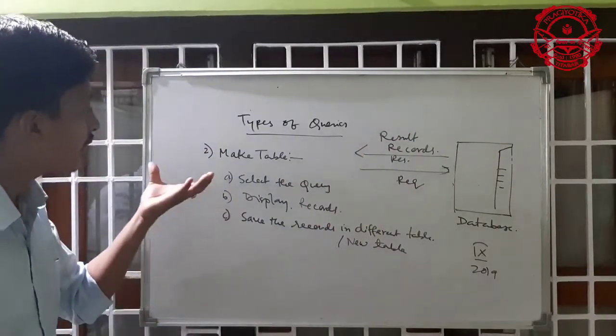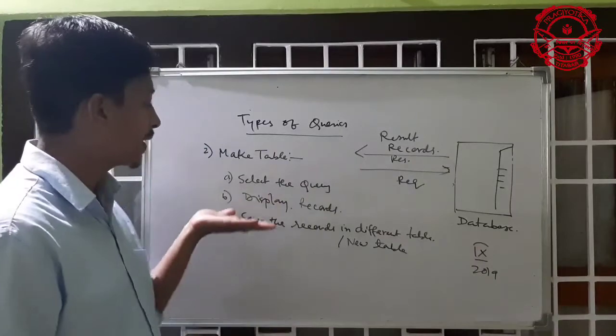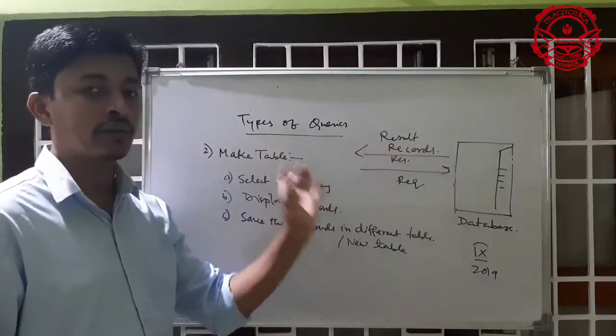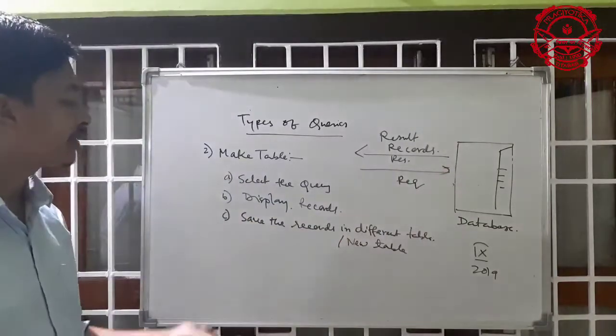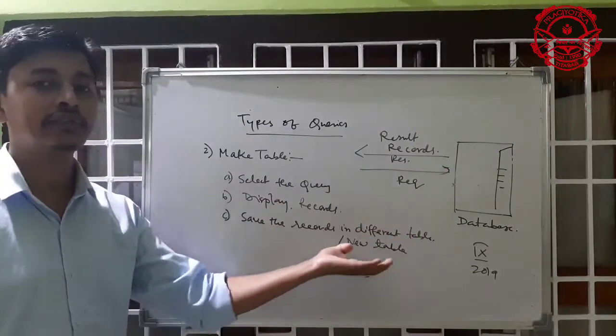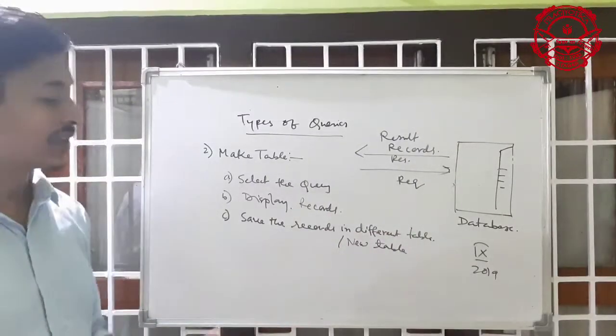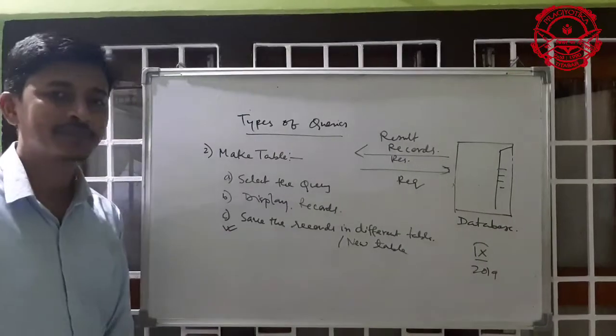Make table means it will first select the query, and after that display the records, whatever record information exists in the server, and after that it will also save the records in a new table or in different tables. The third point is very important. It will save the records. Why?